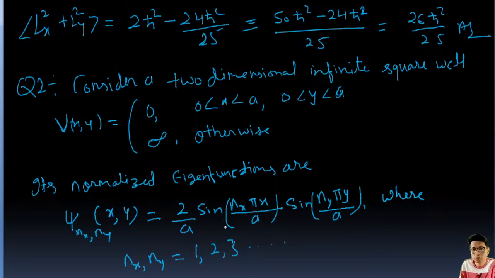Okay, so this is the normalized eigenfunction given, and the two-dimensional potential well is given.